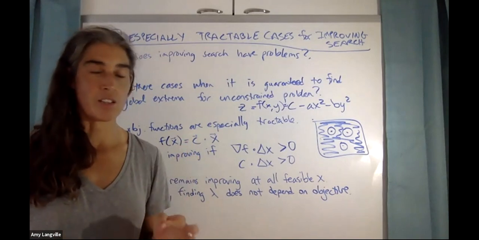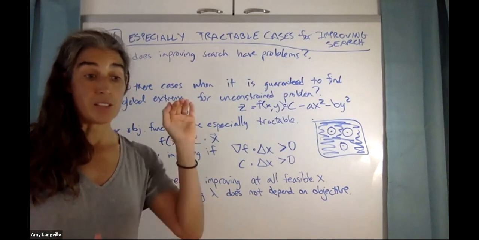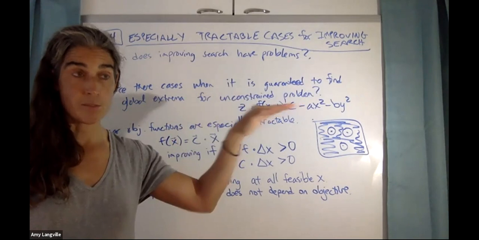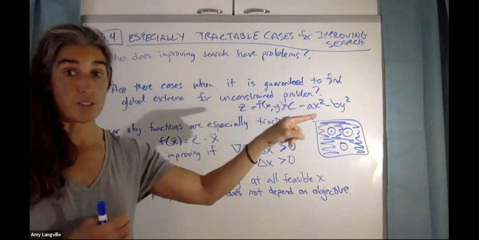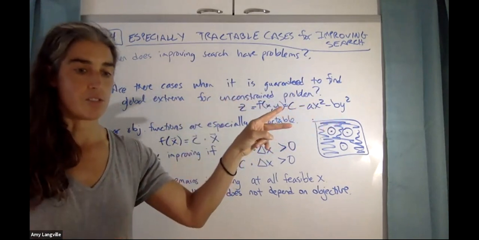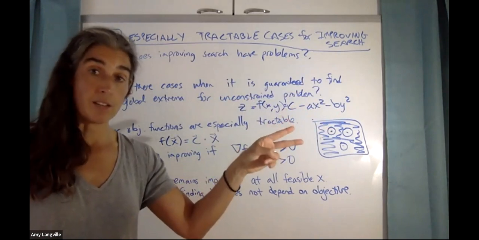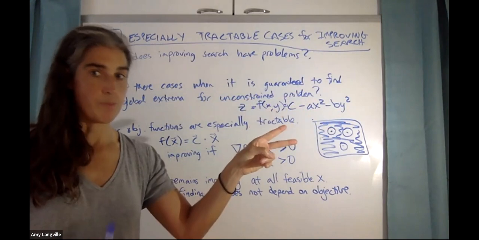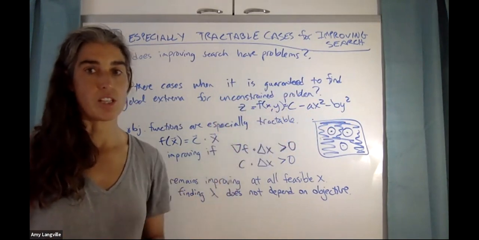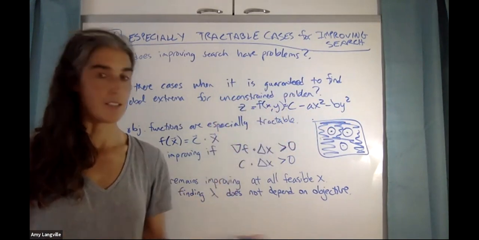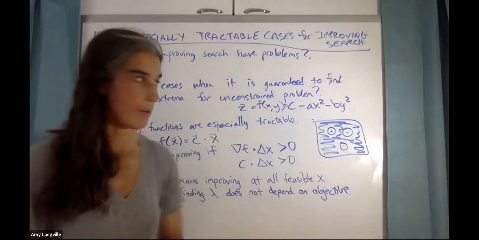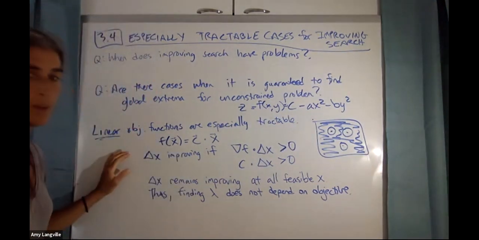In fact, if the objective function satisfies certain conditions, the main one we're going to use being that it's linear, and the constraint set satisfies certain conditions, the main one being that it's convex, then you're guaranteed improving search is going to get you to a global extrema. That's fantastic news, right? So let's talk about why that might be.